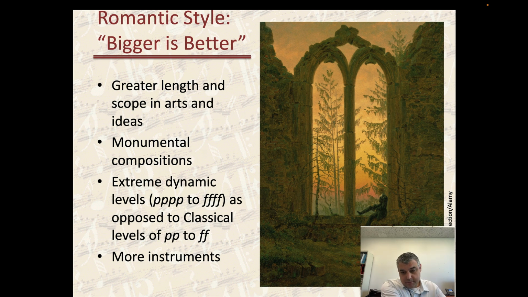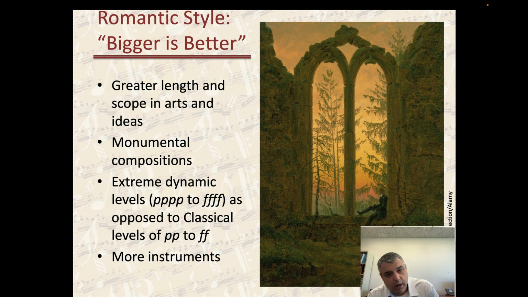Mozart and Haydn symphonies were about 20-25 minutes, but the Berlioz Symphonie Fantastique is about an hour long. And when we get to Mahler, at the end of the Romantic period, he's writing symphonies about an hour and a half long, so they get much larger.